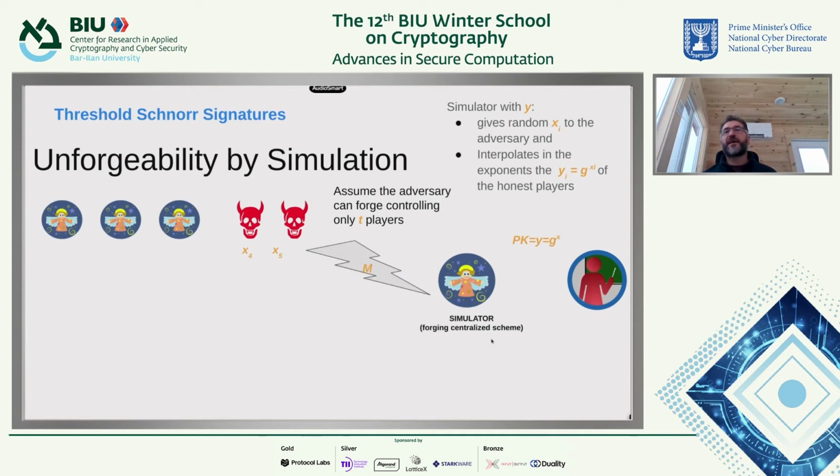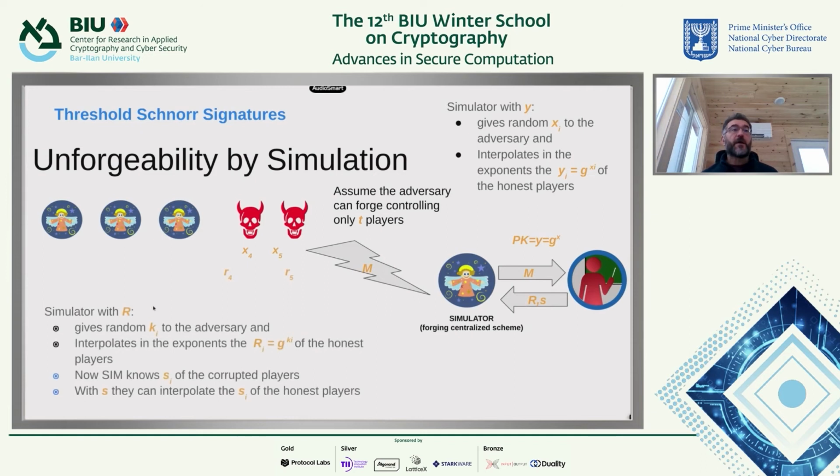Now, the adversary says, let's sign M. The simulator is going to send M to its challenger and get R and S. Now, given R, the simulator is going to give random Ki to the adversary. And then it does another interpolation in the exponent to generate partial nonces, Ri, of the honest players that match the value R that it received from the challenger.